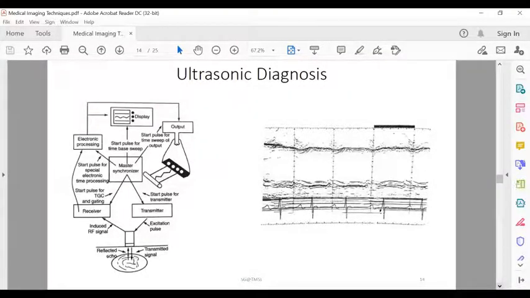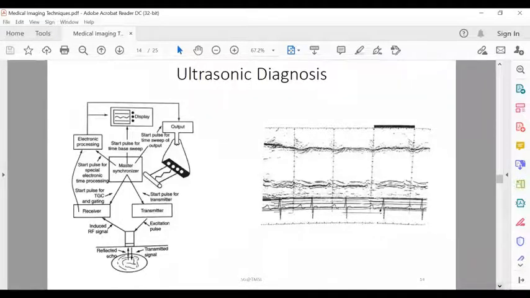Now, what is the use of this transducer? The transducer converts the electrical signals into mechanical vibrations, which in turn give the acoustic waves. Now, this acoustic wave enters the body through the skin surface and is propagated in a predetermined beam pattern.